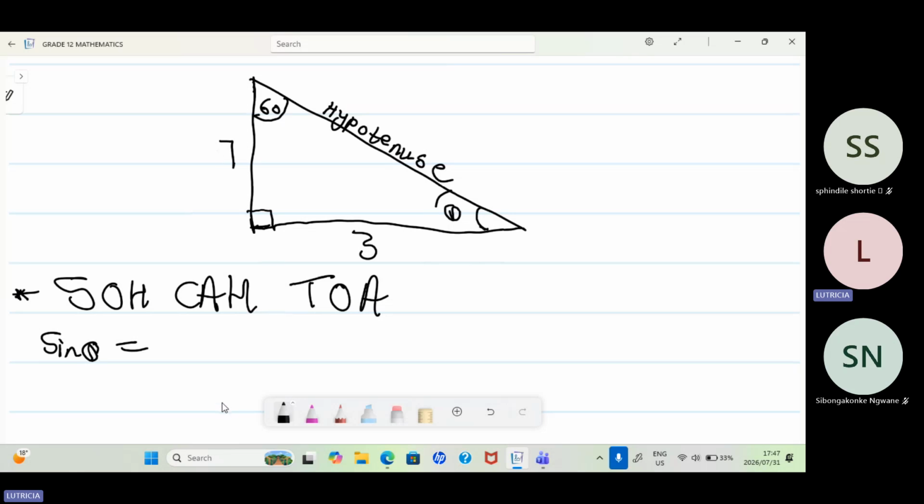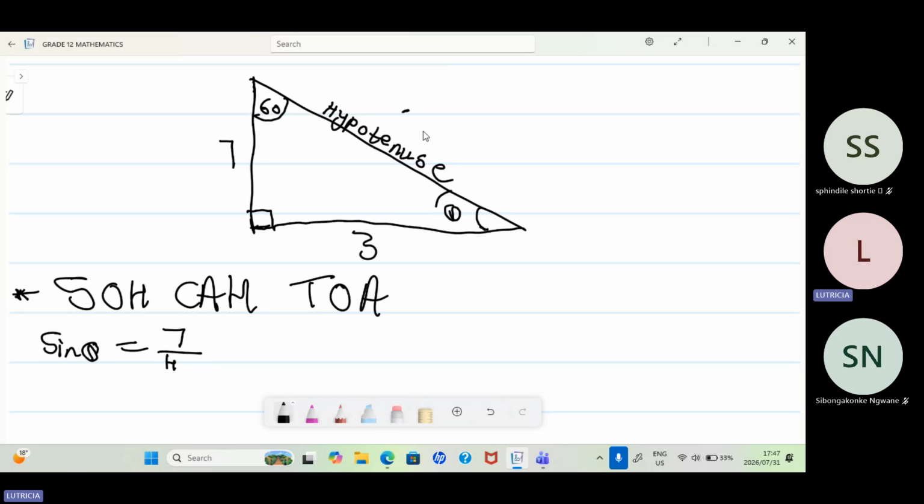So let's get into this. If you're asked to find the value of sine theta, you're gonna say sine theta is made of the opposite over the hypotenuse. Our opposite side has a 7, so it's gonna be 7 over the hypotenuse. For now we don't have a value there, but let me just put an 8.